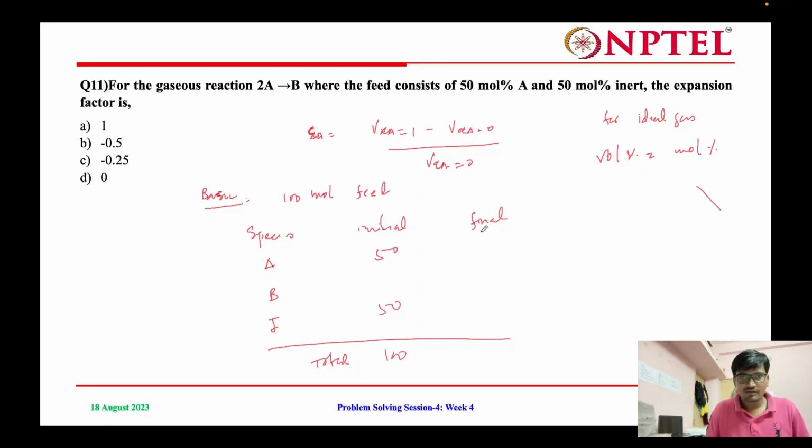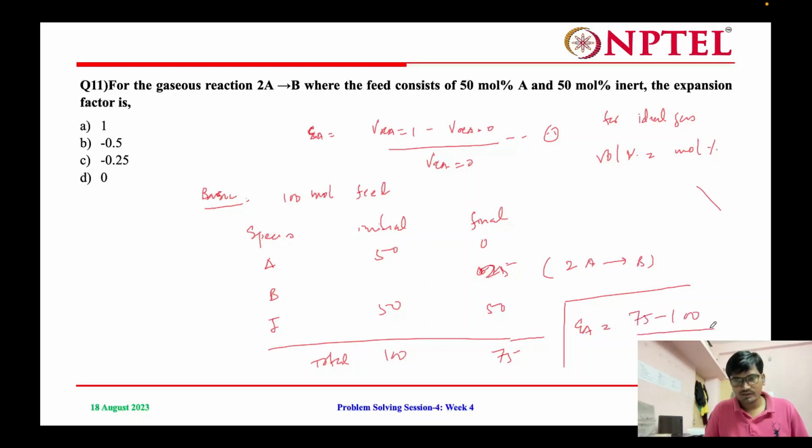Finally, A is 0, B is 25, and inert stays the same at 50, so the total is 75. Now put this in equation 1: 75 minus 100, divided by 100, which is minus 0.25.